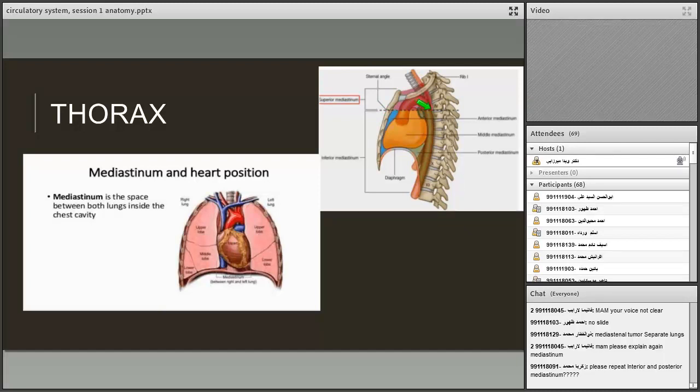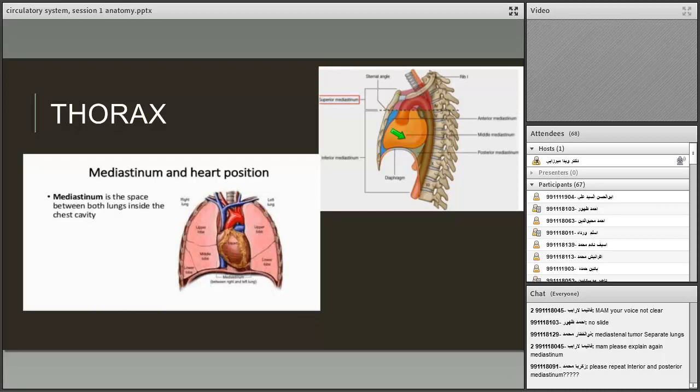All the space placed above this line is called the superior mediastinum, and all the space inferior to this sternal plane is called the inferior mediastinum.